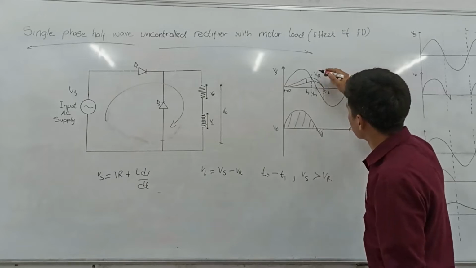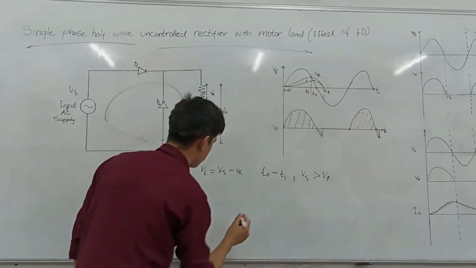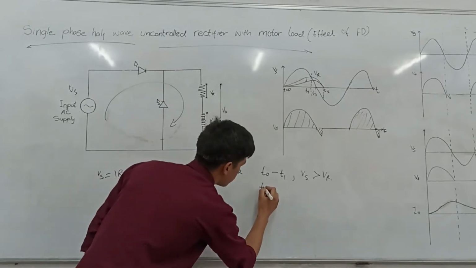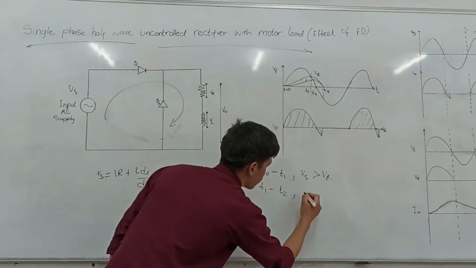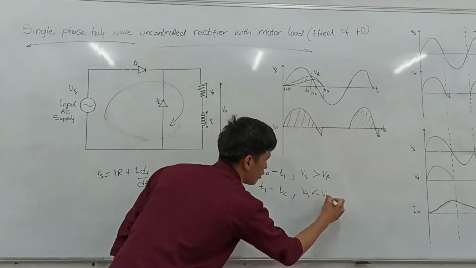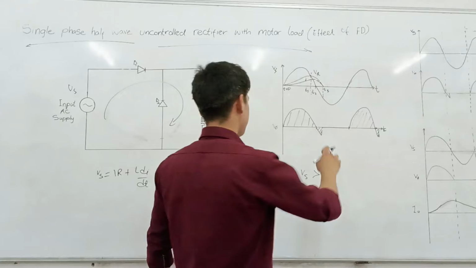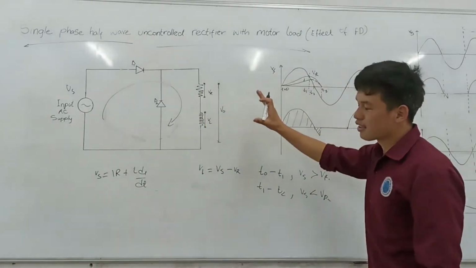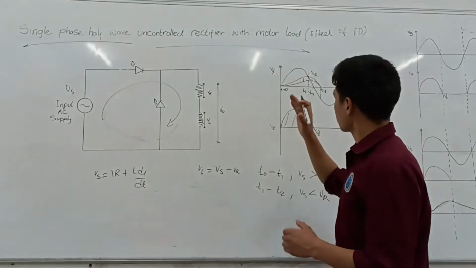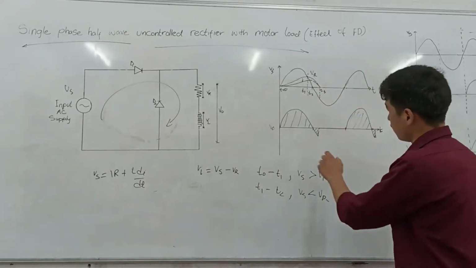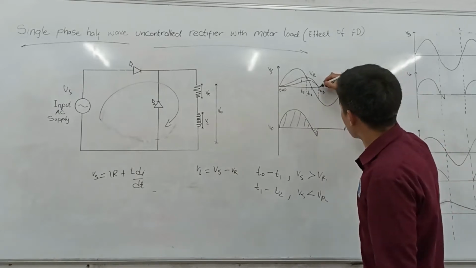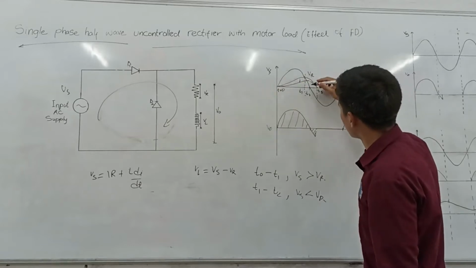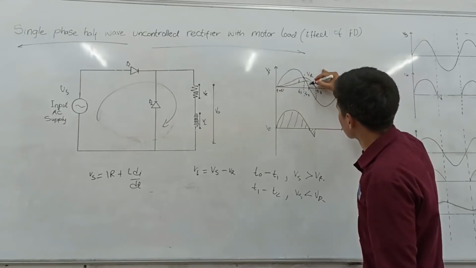And from t1 to t2, we see that Vs is less than Vr. As a result, the current starts to fall, but since the nature of the connected load is a motor load, the current falls gradually, and when the supply voltage falls to 0, the current doesn't fall to 0.